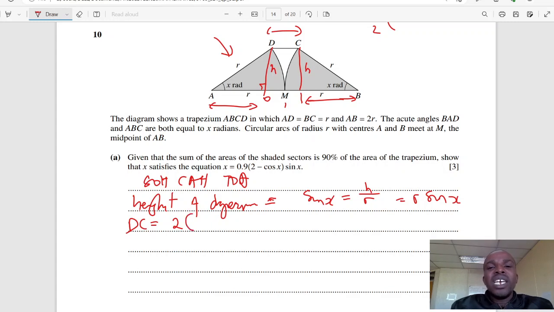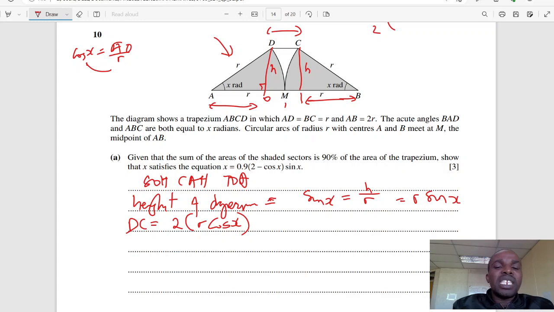AO is adjacent using the same triangle ADO. So it's adjacent, so cos x is equal to AO over R. So it will be R cos x, like this. So 2R cos x.